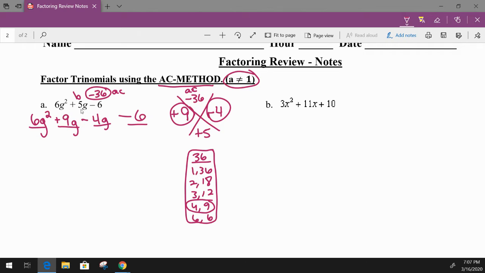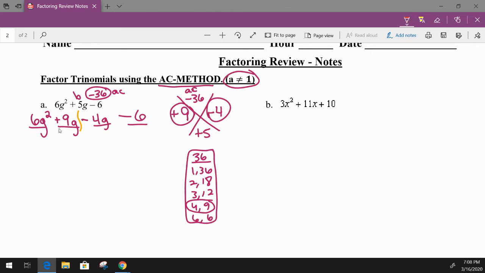So now we move on to using factoring by grouping. Because we have 4 terms, we're going to split these terms down the middle. So we're looking at these two terms here and these two terms here. And again, you're going to ask yourself, well, what can I factor out of these first two terms? So 6 and 9 can both have a common factor of 3 because they can both be divided by 3. They also both have a g.